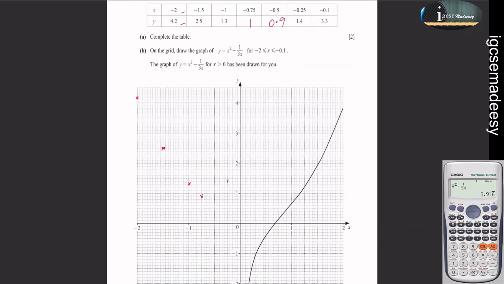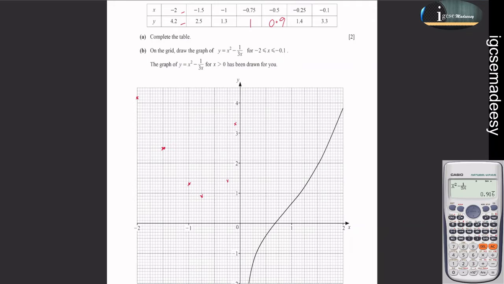And minus 0.1 and 3.3. 3.3 is here, and 0.1 is just 2 units to the left side, so this is the point. So we have to draw a smooth curve for that.